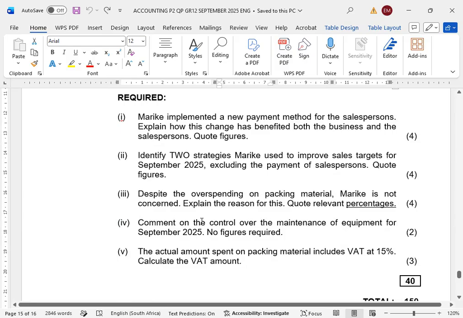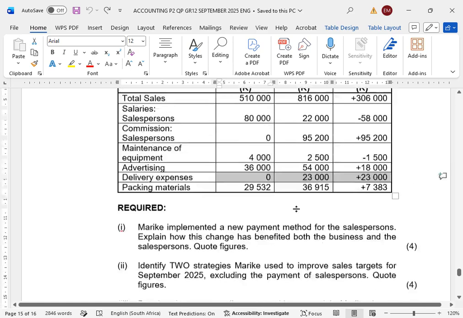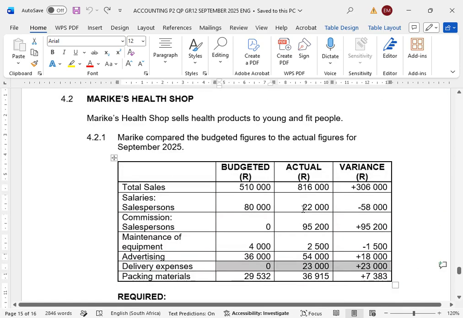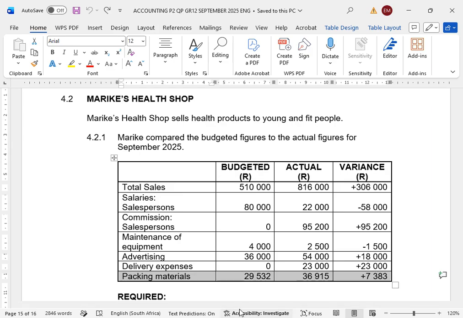Explain the reason by quoting percentages. Now remember what I said. If you want to look if something was controlled well, you need to link it and work out a percentage. So I'm going to link packing material to what? To my sales, right?